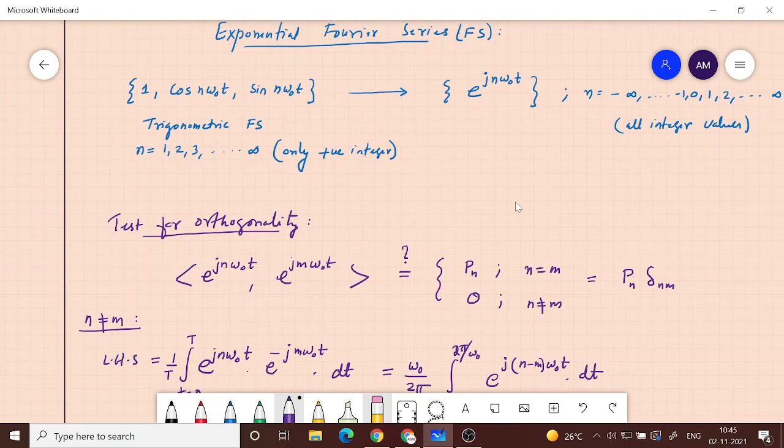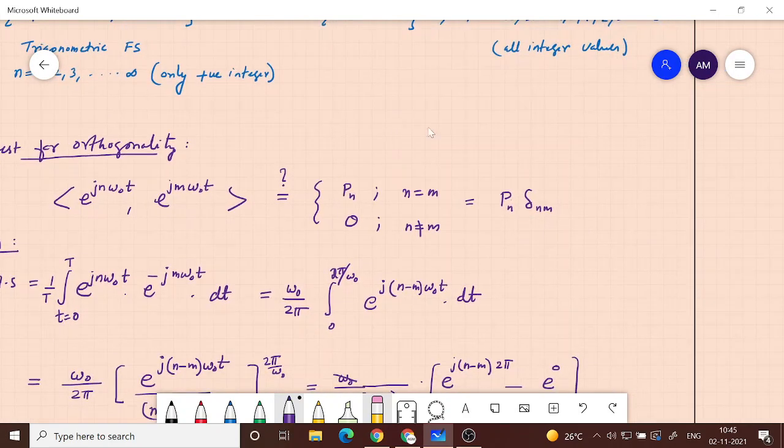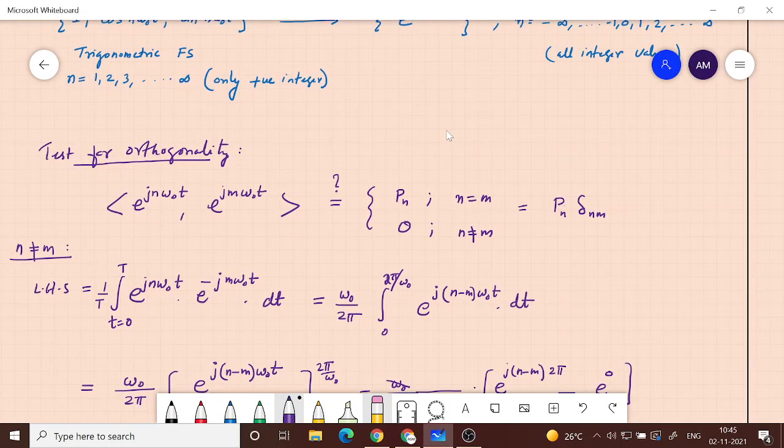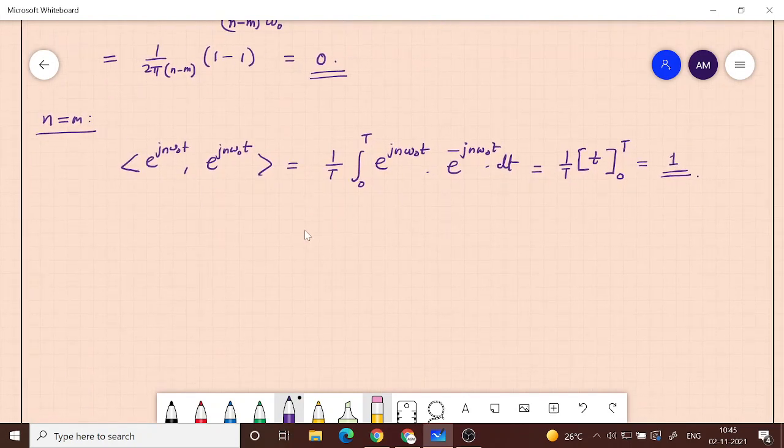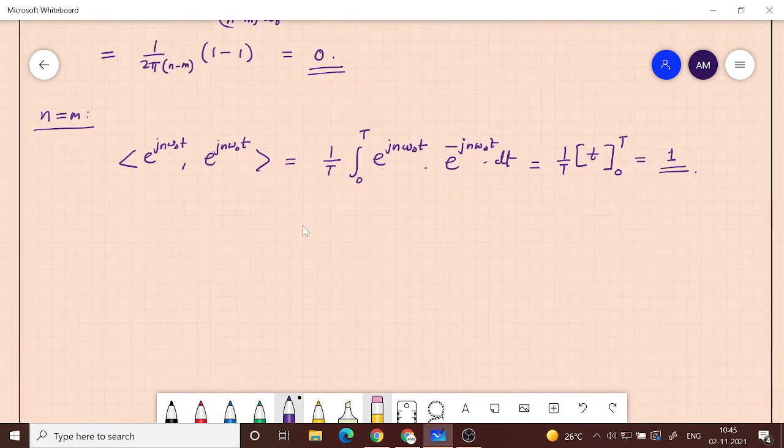This is a very special case, so you can even write this simply as delta mn, because this is 1. So power is 1. Such cases are called an orthonormal set of functions. Not only is orthogonality satisfied, but the power is unity, so it is normalized also.